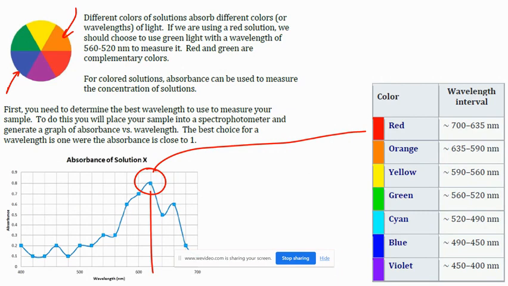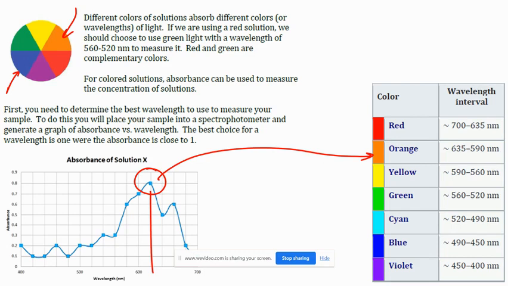So 625 falls in this orange range right here. Does that make sense? The specs will take you through how to figure that out. But you need to understand the concept of how this is working. So you're looking for the wavelength that will best be absorbed.